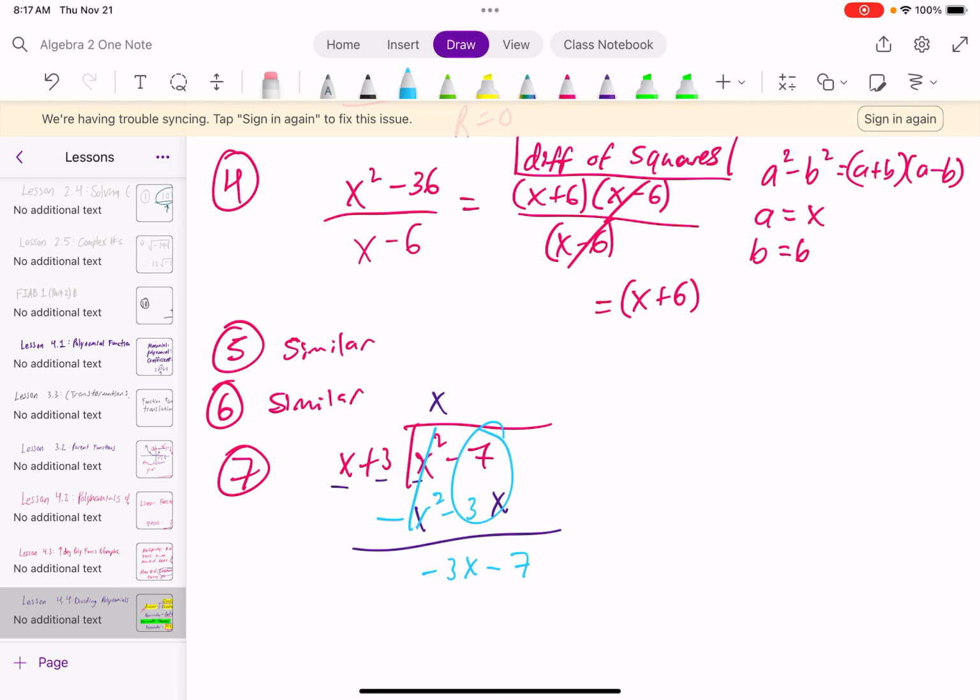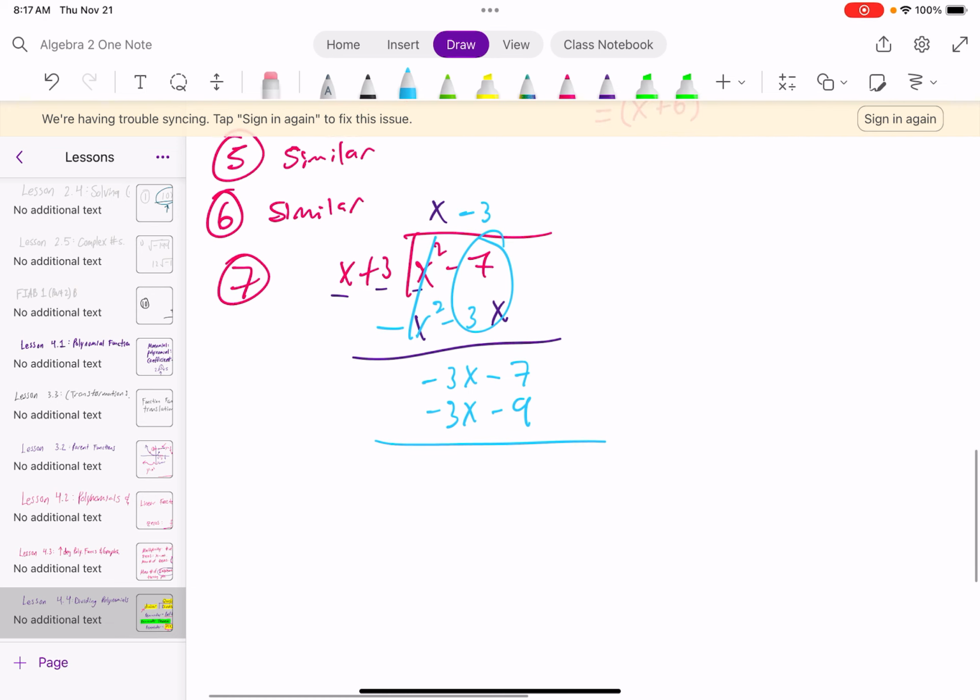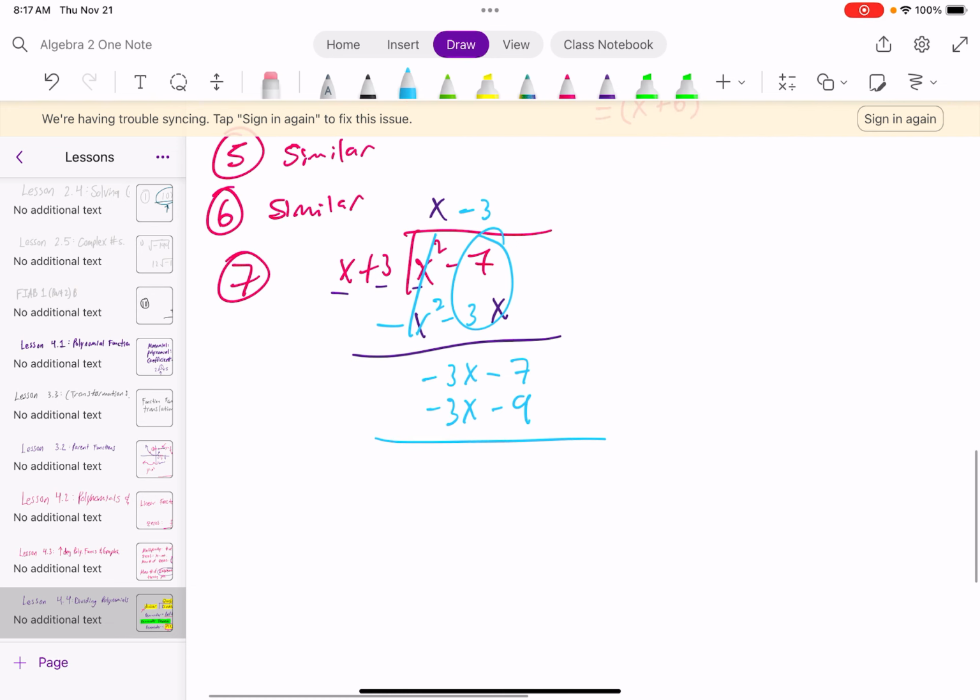What's x times negative 3? It's negative 3x. And negative 3 times 3 is negative 9. Multiplying by a negative will change these to a positive and a positive. These cancel, and I'm left with a remainder of 2.